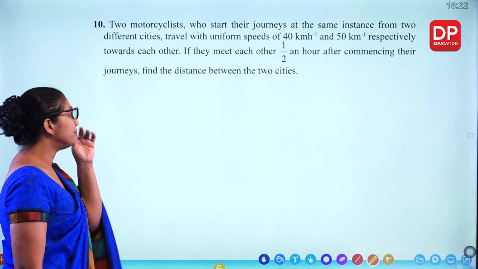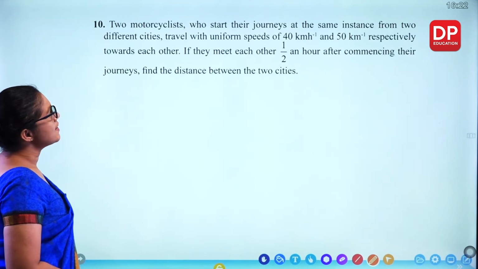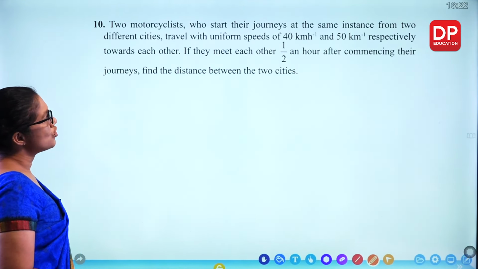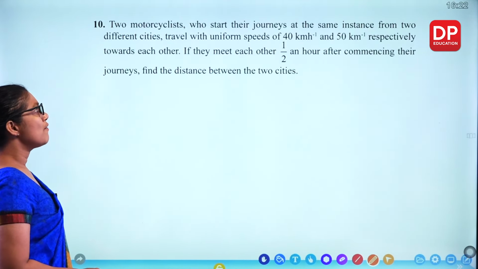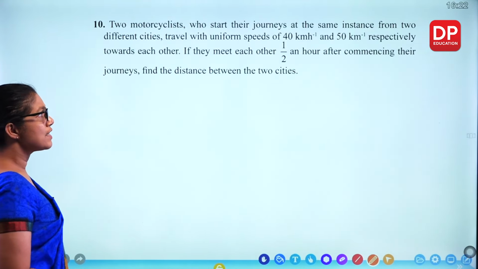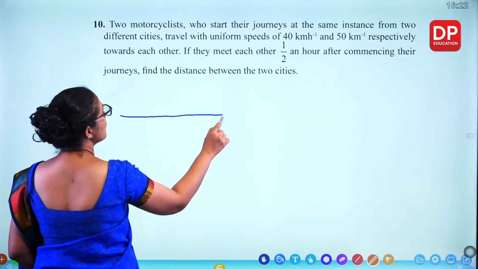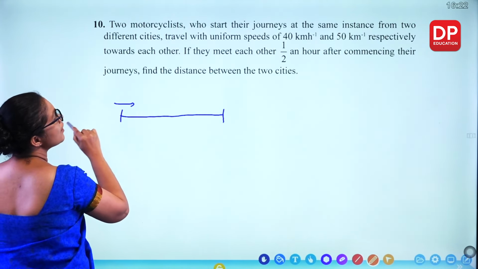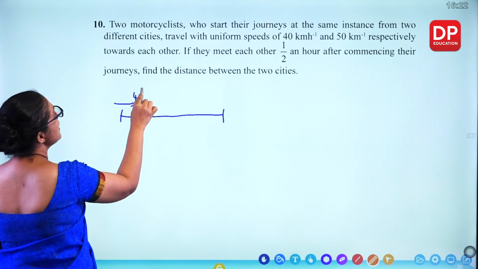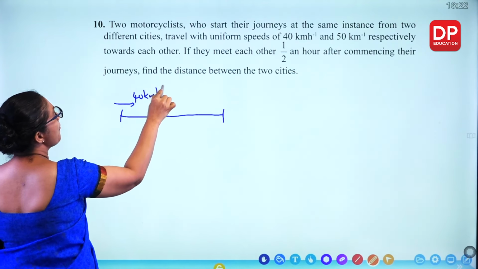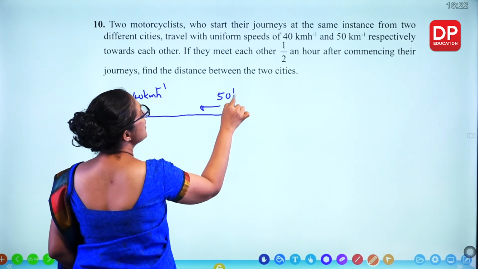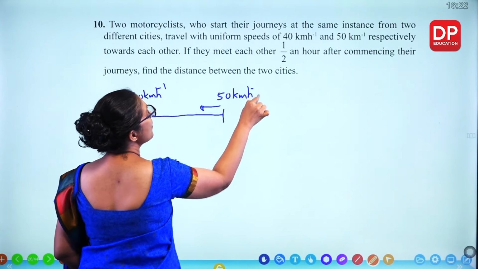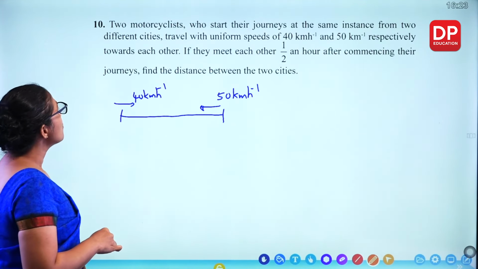Question number 10. Two motorcyclists who start their journey at the same instant from two different cities travel with uniform speeds of 40 and 50. So we'll take one traveler with 40 kilometers per hour, the other one with 50 kilometers per hour, towards each other.